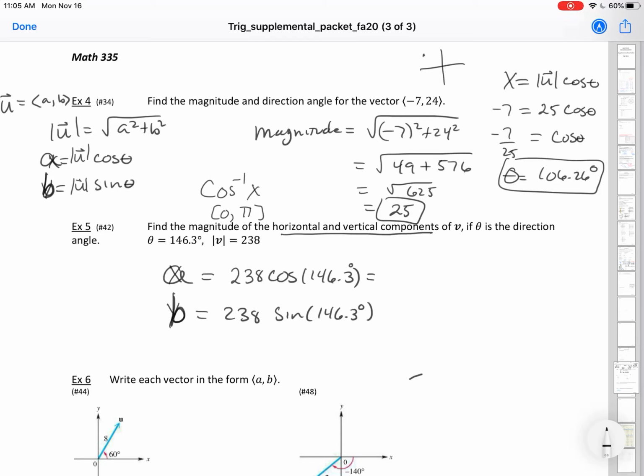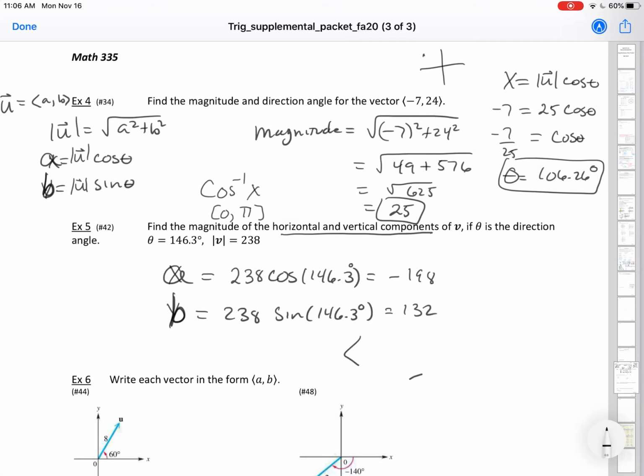We just run it through a calculator. 238 times cosine of 146.3 gives us -198, and 238 times sine of 146.3 gives us 132. Those are both rounded, but they're very close to those values.